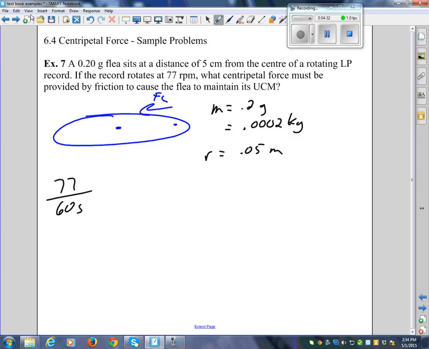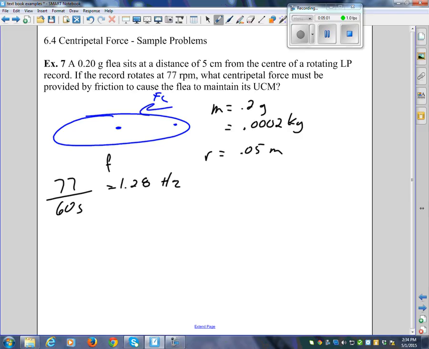Okay, so what is 77 divided by 60? 1.28. Okay, 1.28. But is that the frequency or is that the period? That's the frequency, right? 1.28 hertz, or revolutions per second. If it makes 77 in 60, how many does it make in 1? 1.28 revolutions. That's the frequency.